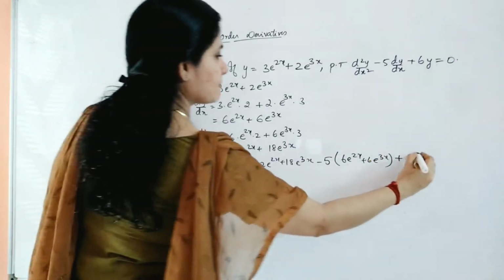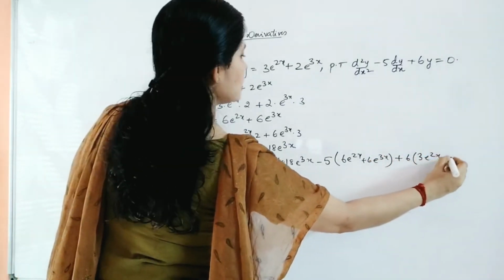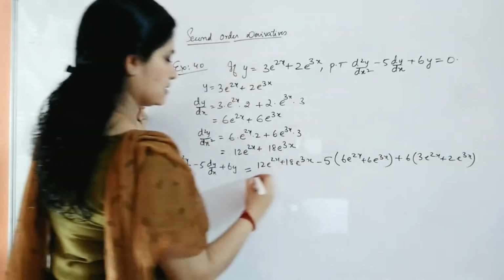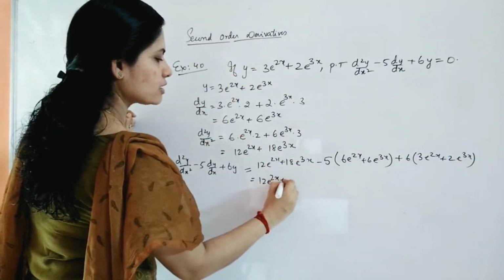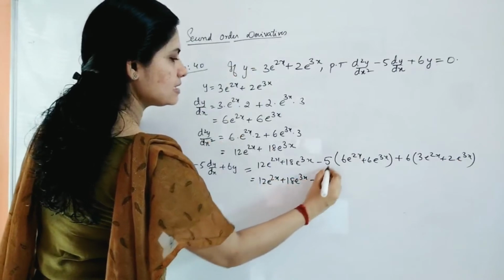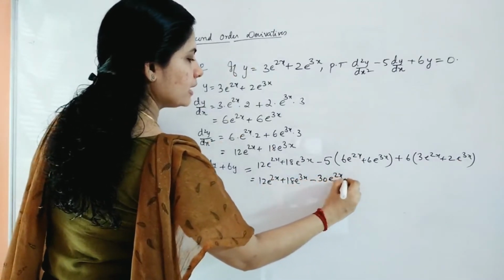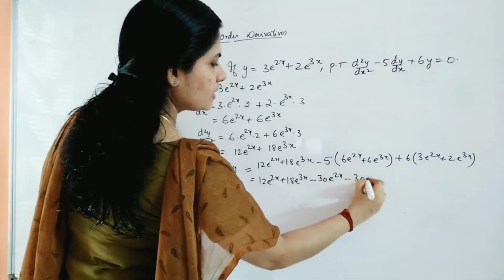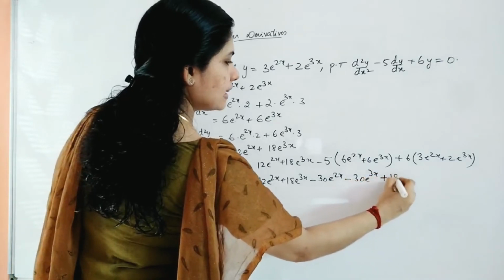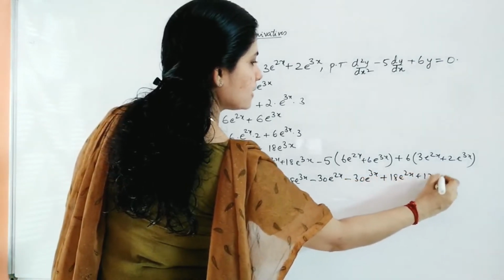Y is 3 e raised to 2x plus 2 e raised to 3x. So here you are getting 12 e raised to 2x plus 18 e raised to 3x minus 30 e raised to 2x minus 30 e raised to 3x plus 18 e raised to 2x plus 12 e raised to 3x.